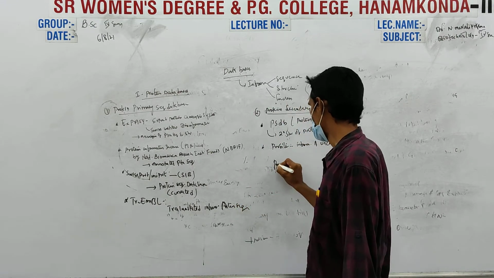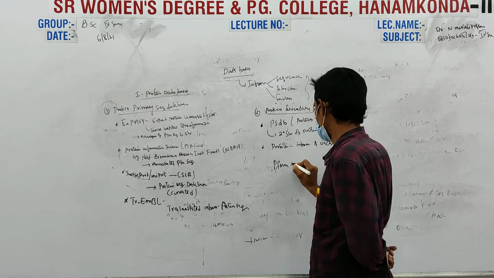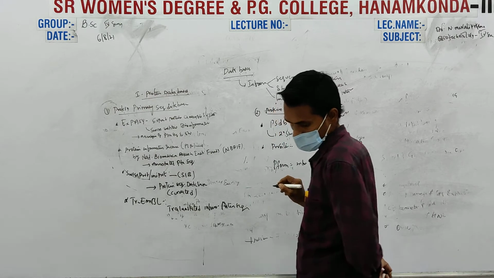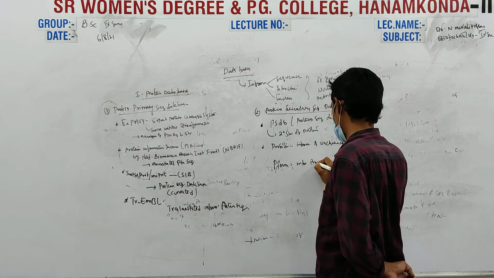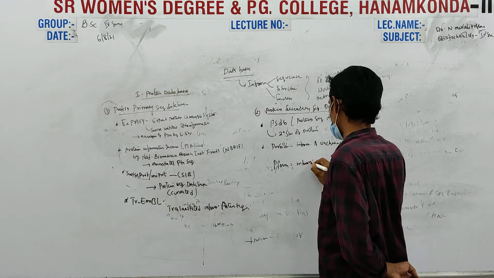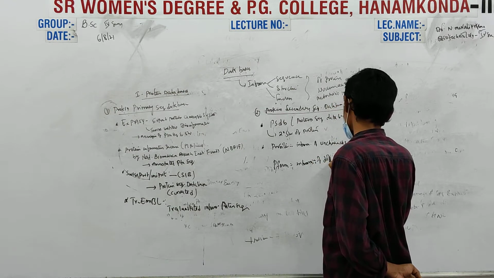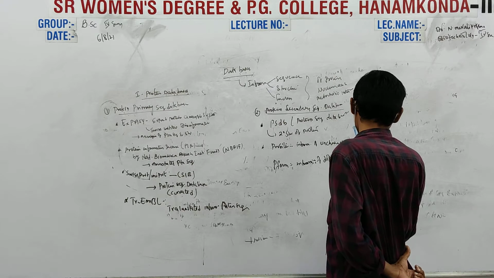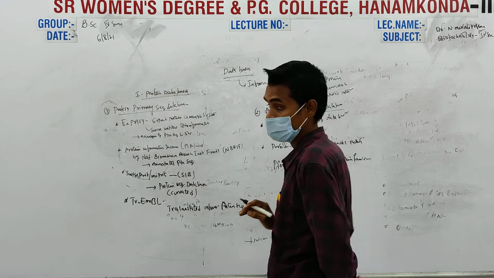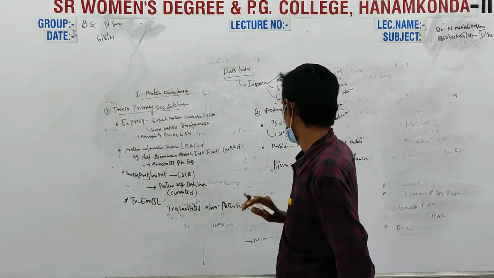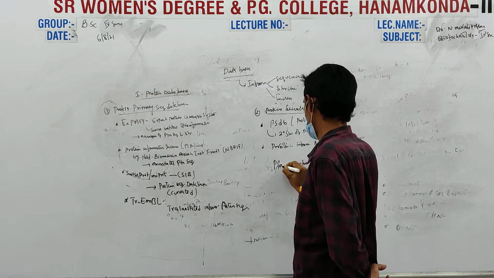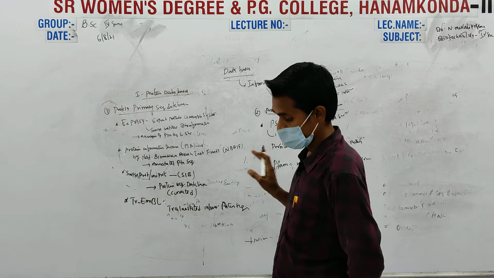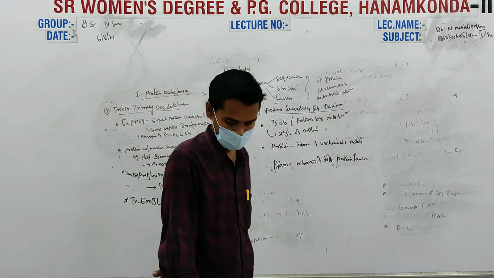Next, Pfam, which contains the information of different protein families. So these are the databases which are concerned with the secondary structure of protein.